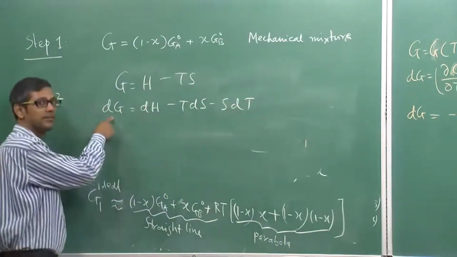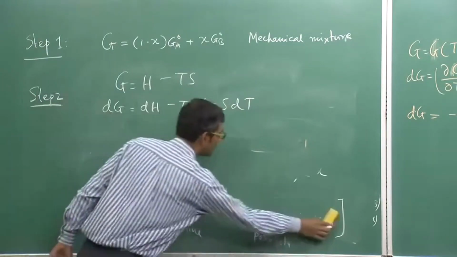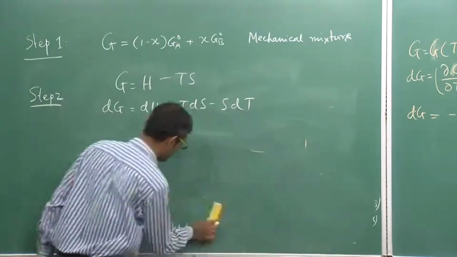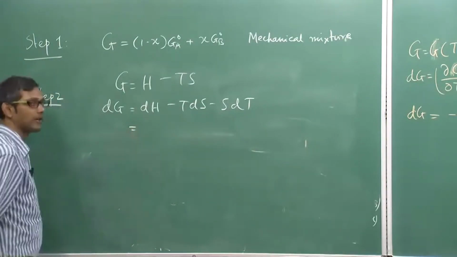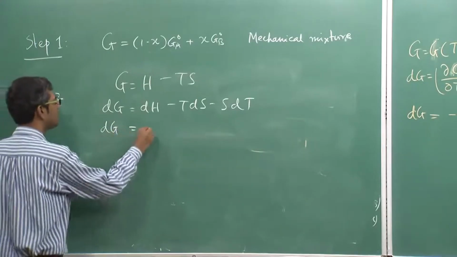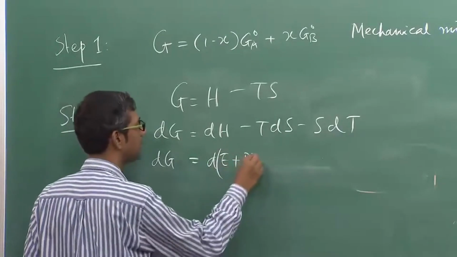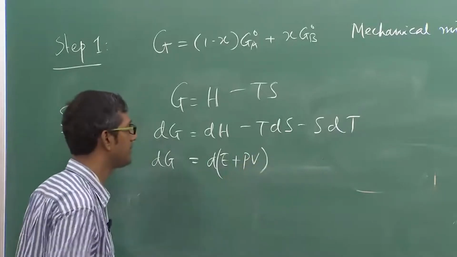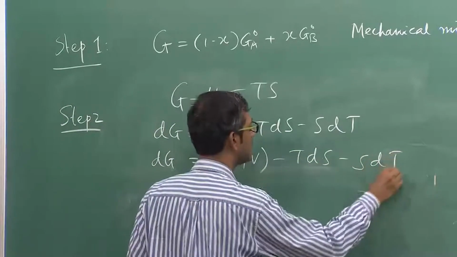Remember, this is a total differential, this is not partial. So I can modify this equation based on the first and second laws of thermodynamics. What is this? dH is always equal to dE plus d(PV), since H is E plus PV, minus TdS minus SdT.